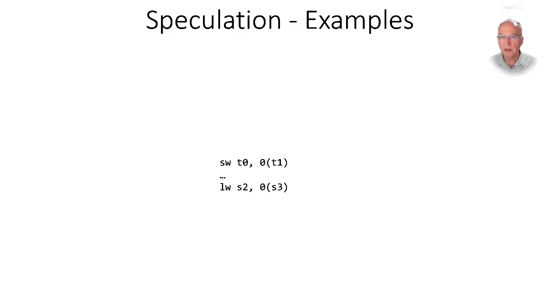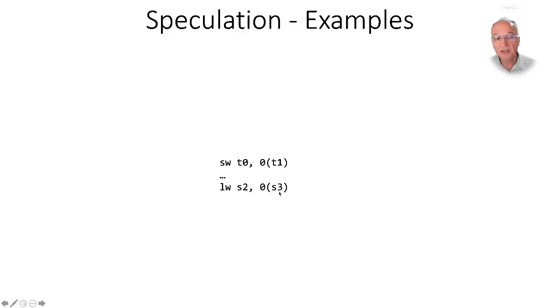Another type of speculation is data speculation, which occurs when I have a load and I may have potential stores in the code. So consider this piece of code here where there is a load, there is a store, and there is a load here. And assume that I do not know whether the value of T1 and the value of S3 are the same.